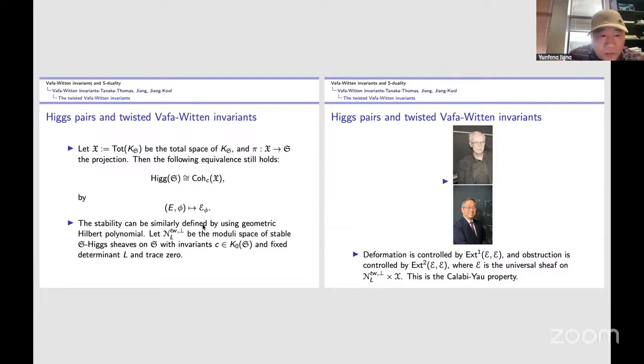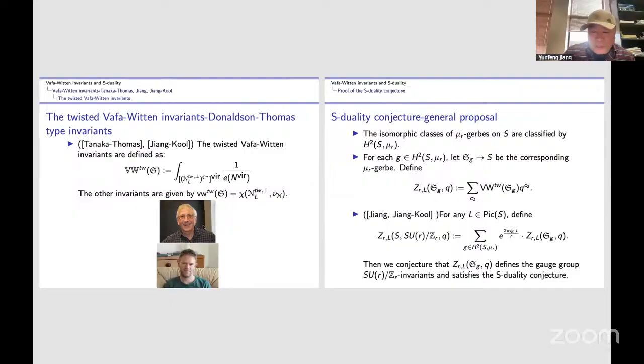For example, I think in the endoscopic decomposition it plays a very important role. But here, in the surface case, this thing hasn't largely been explored yet, I think. So this is a comparison to the moduli curve case.